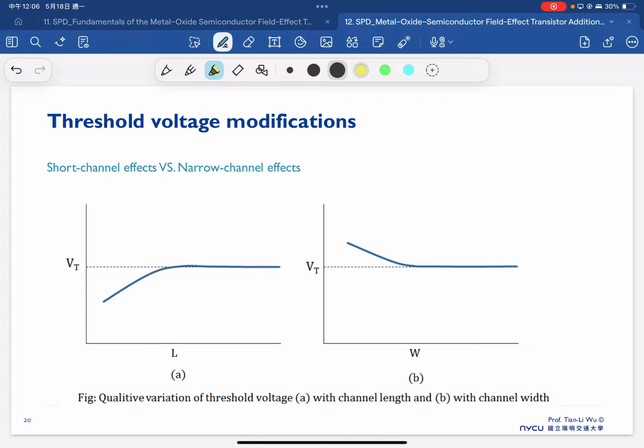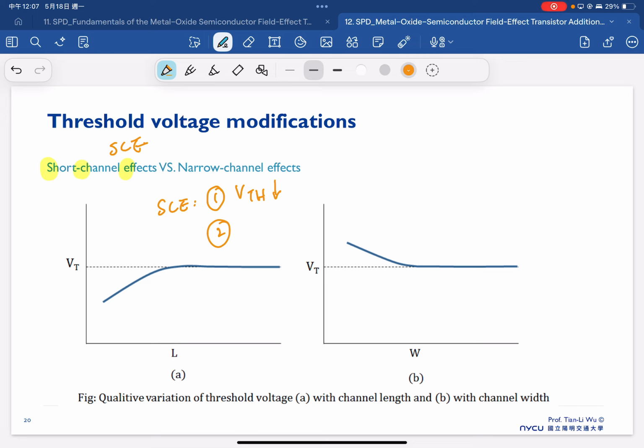So short channel effect, sometimes we also call it SCE. So the SCE will cause the threshold voltage to reduce.